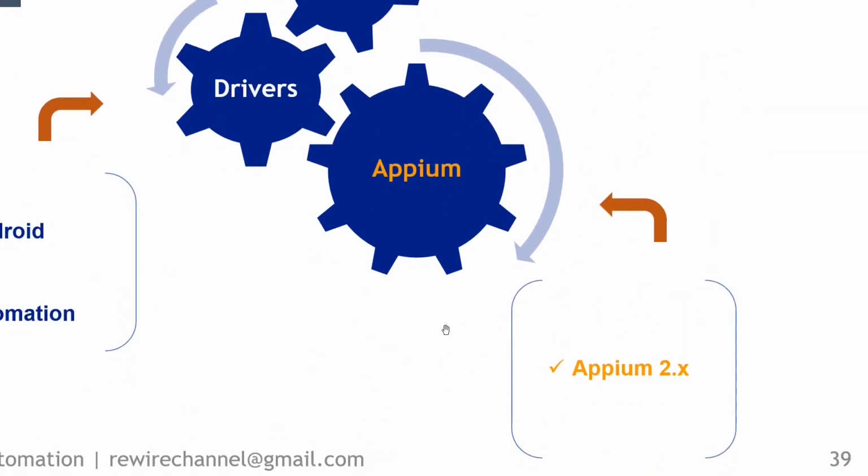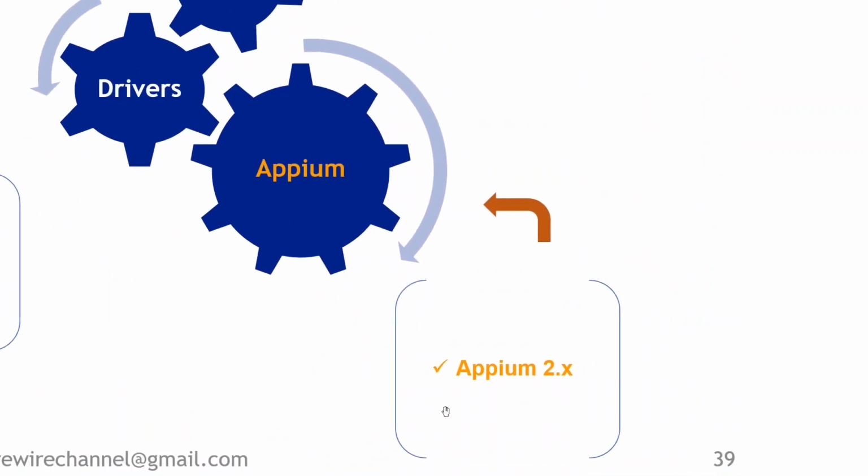And now we are mainly focusing on 2.x. As I told you in the intro session, this 2.x version was released in the month of July 23, and they spent about 3.5 years to make this official to the open source forum.